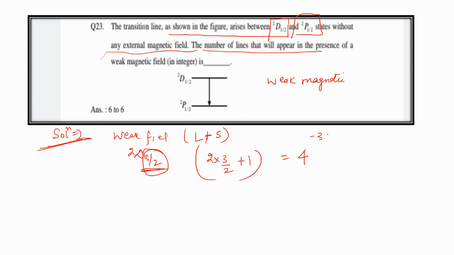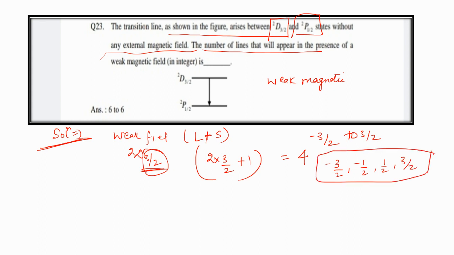And these four values vary from minus 3 by 2 to 3 by 2, so minus 3 by 2, minus 1 by 2, 1 by 2, and 3 by 2. Again, P1 by 2 will again split into two values, and they are minus 1 by 2 to 1 by 2. Now you will form like this.